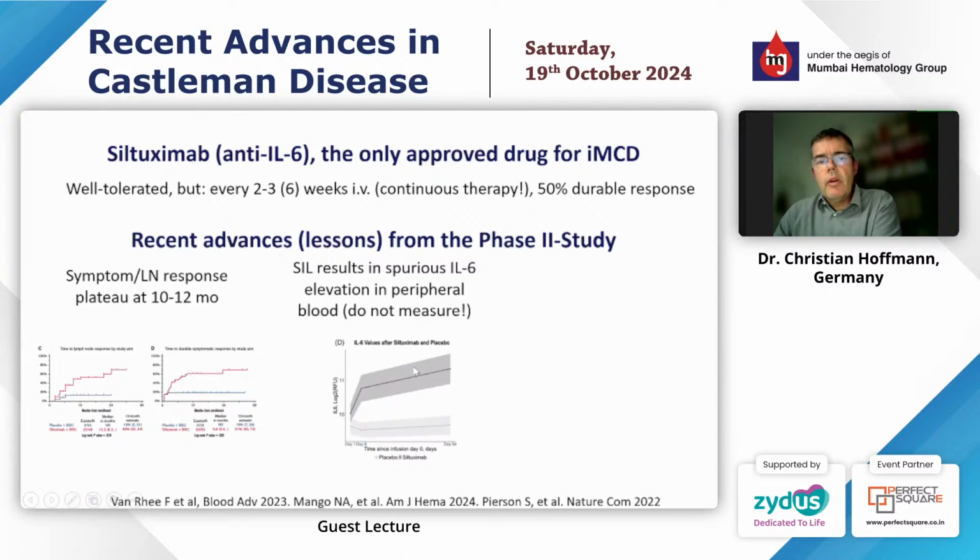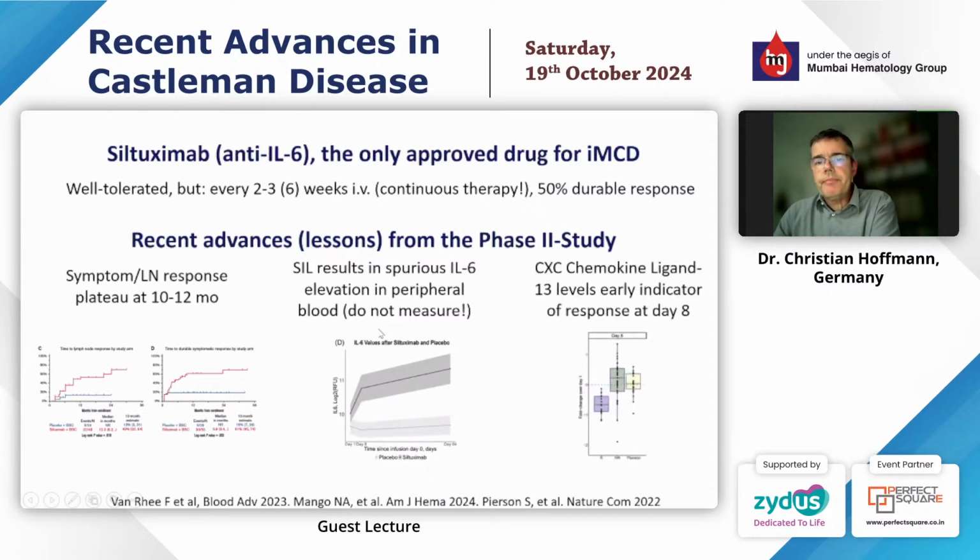And what we've also learned is that IL-6 is elevated during siltuximab treatment, so it does not make any sense to measure IL-6 during siltuximab therapy. But maybe we will have some new tools to measure the response earlier, and CXCL13 levels may be an indicator of an early response, but this has to be confirmed.